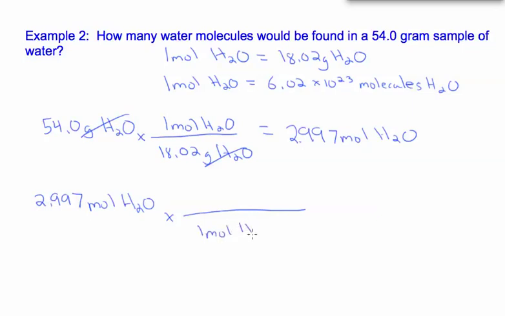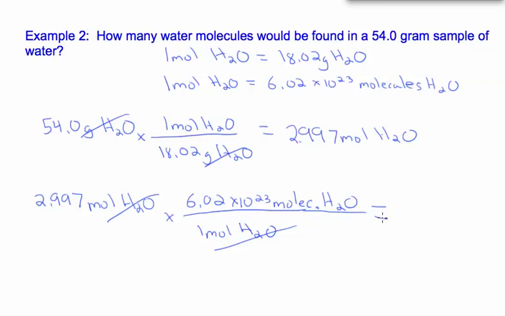If I want to get to molecules, then I have to put 6.02 times 10 to the 23rd molecules. Our moles cancel out. And when we multiply our numbers, you get 1.804 times 10 to the 24th.